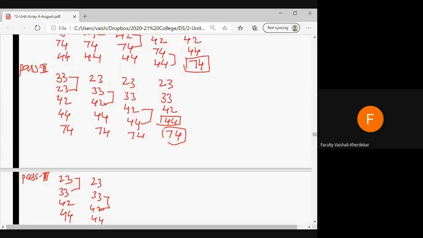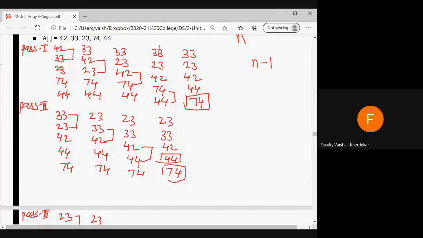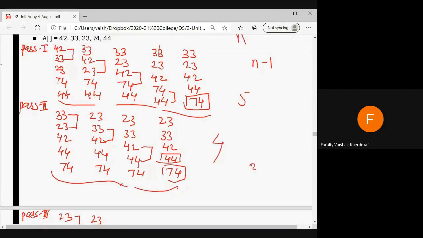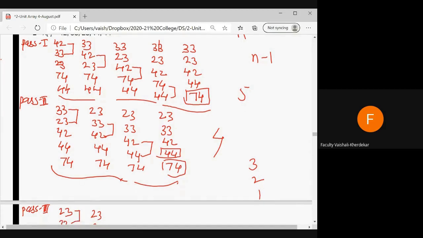In the first pass the total comparisons are 4 in a 5 element array, and in pass 2 total comparisons are 3, in pass 3 total comparisons are 2 and in pass 4 total comparisons are 1. In this way.